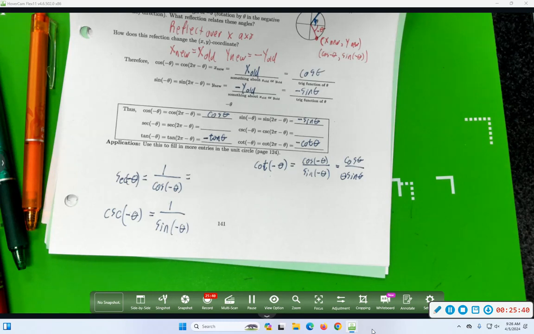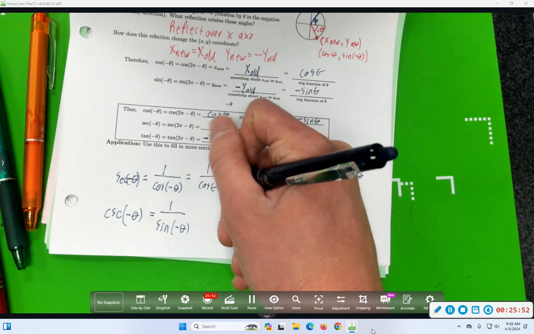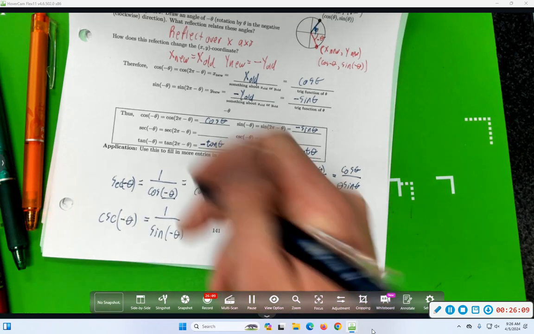All right, let's come together. What do you get when you do this to secant of negative theta? 1 over cosine. All right, the negative inside of the cosine doesn't matter. Cosine is even. What is 1 over cosine of theta? What's another name for that? Secant.